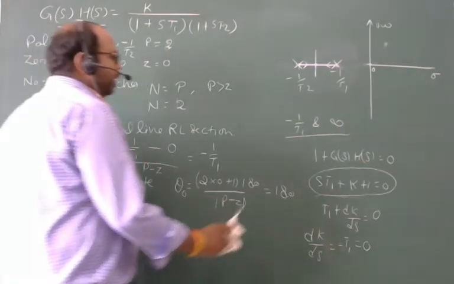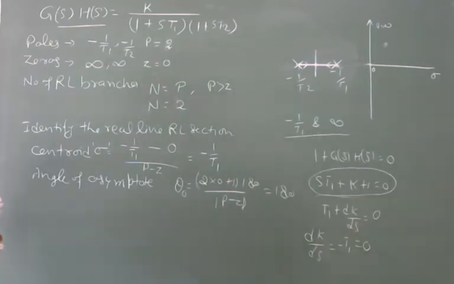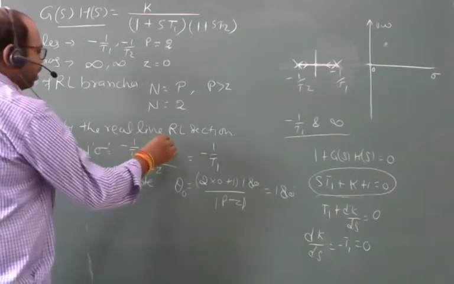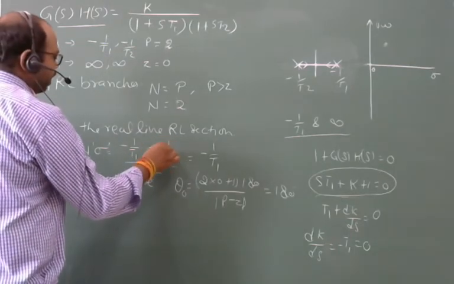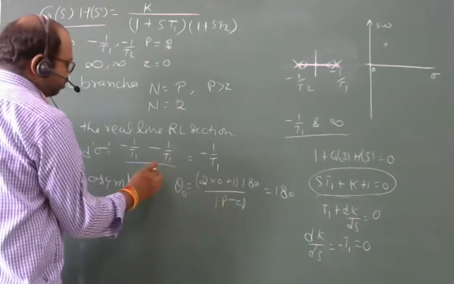So let us find the breakaway point. And previous to that, we have to find the angle of asymptote and centroid. What will be the centroid? Here 1 by T1, right? And P minus Z is 2.